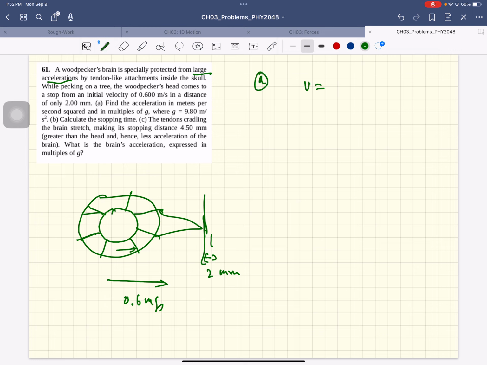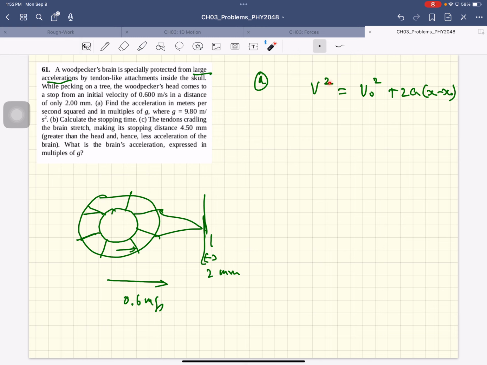So v equals v naught plus at. Oops, no, we want this equation. The stopping distance for the head is 2 millimeters. The initial velocity was 0.6 meters per second.